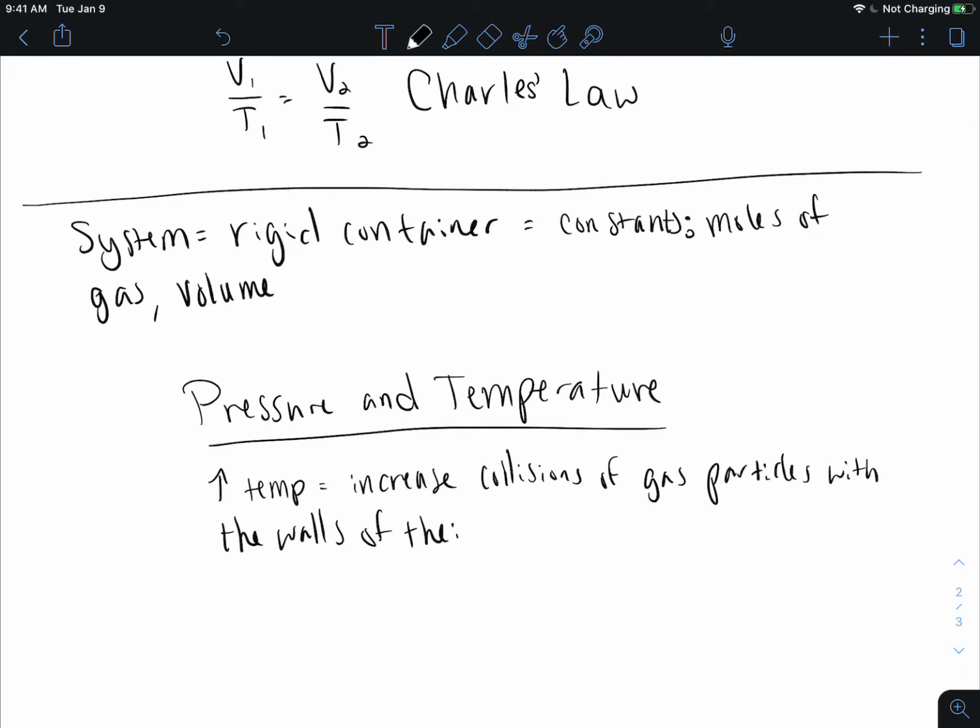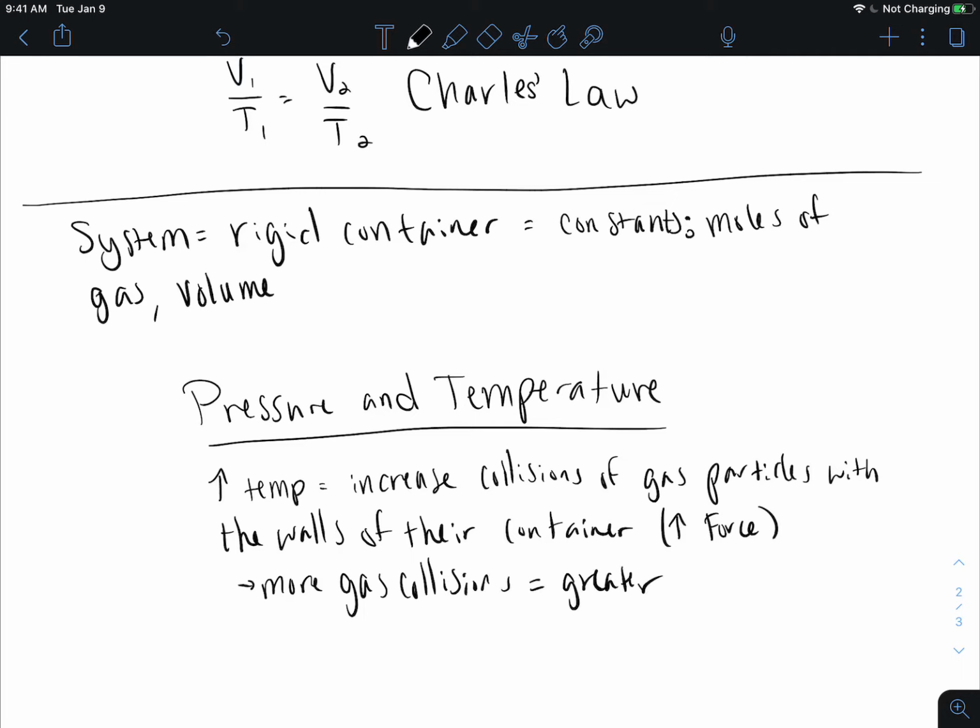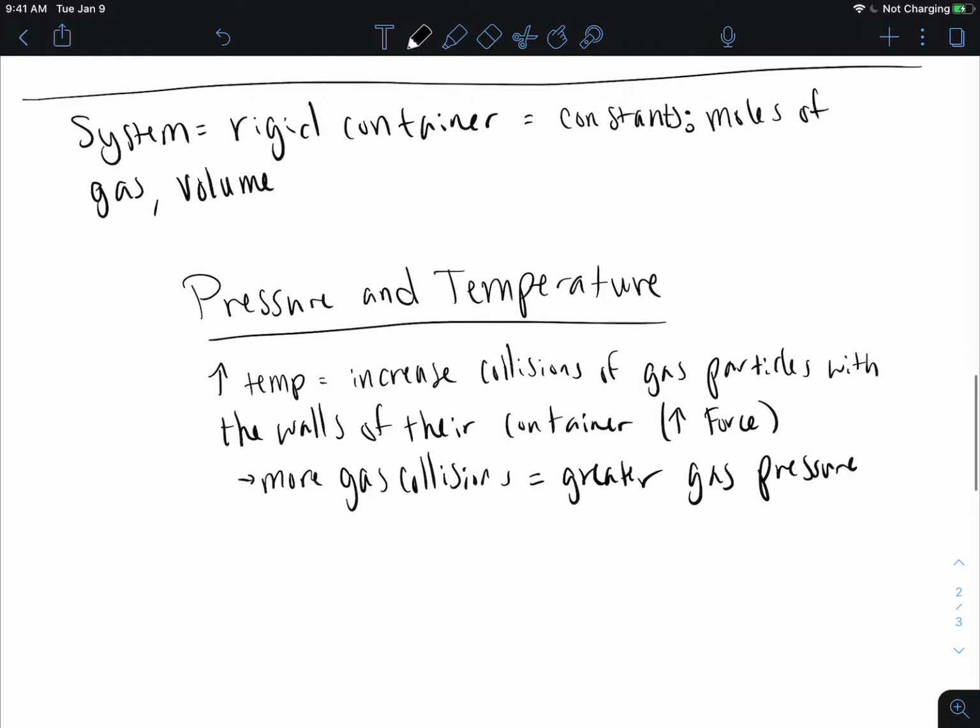That means an increase in force. So more gas collisions leads to greater gas pressure.